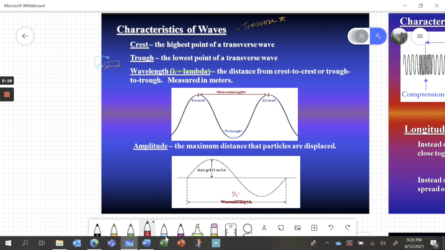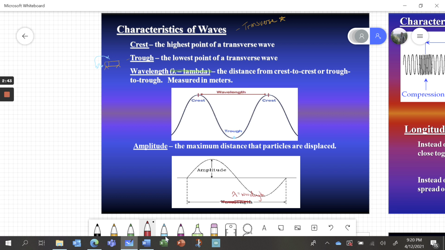Lambda means wavelength. Okay. And then amplitude is the distance that particles are displaced. So we'll talk about amplitude in a little more detail in a second.